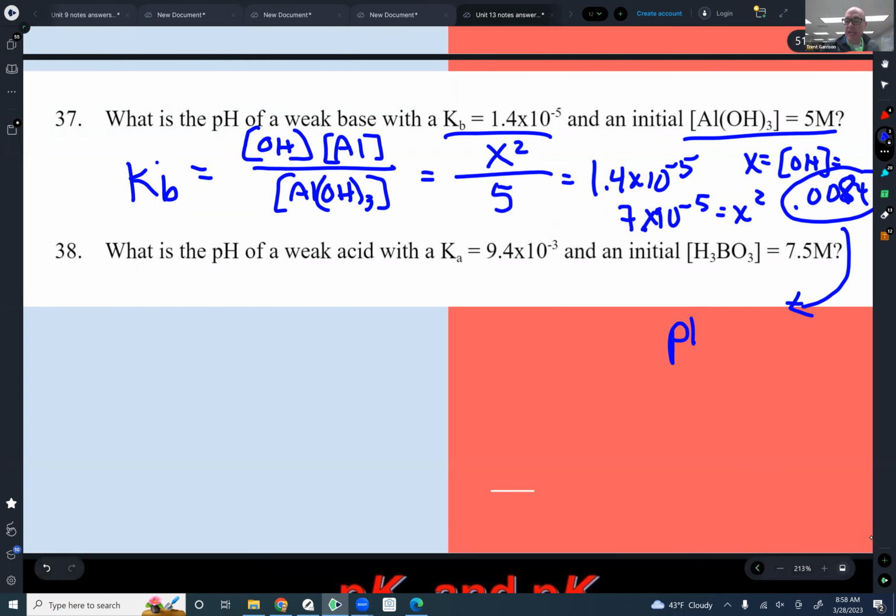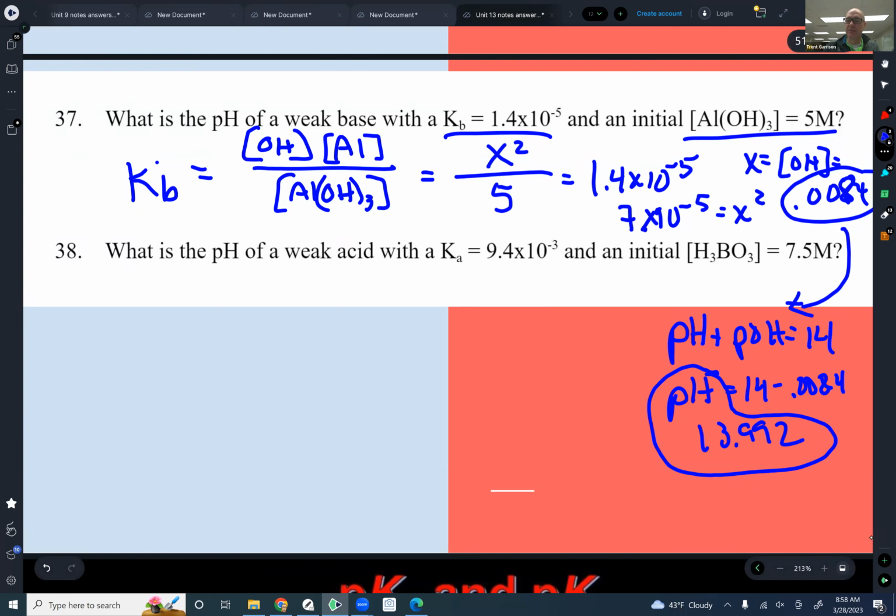So remember, pH plus pOH equals 14. So what we're going to do is take the pH, which we're looking for, and say 14 minus this value over here. It's going to be a very large value. 14 minus that is 13.992. That's my pH now. Oh, sorry, that's not. That's what I need.